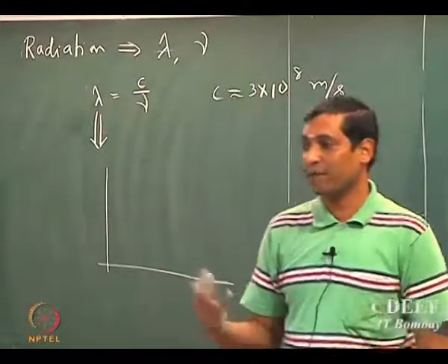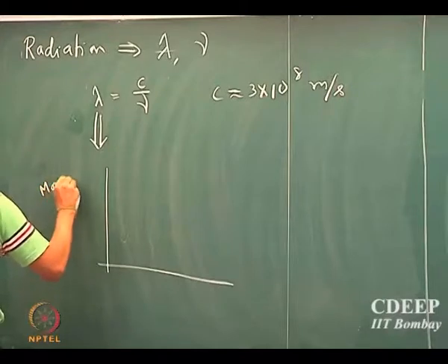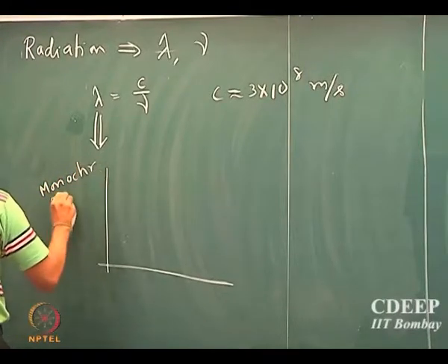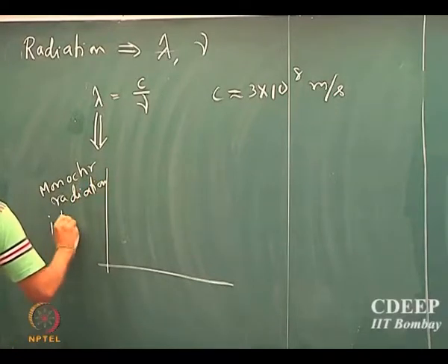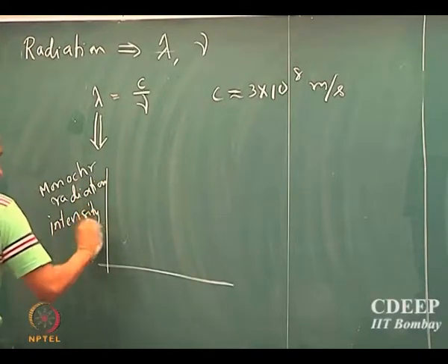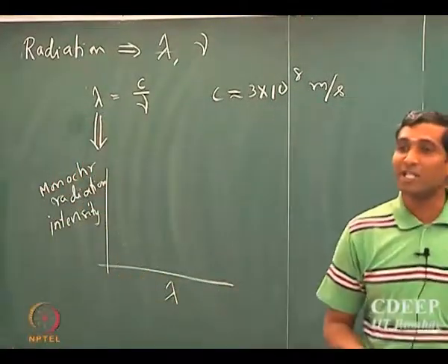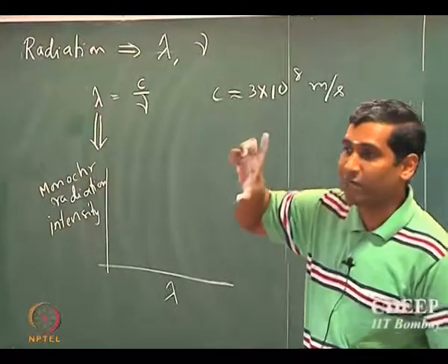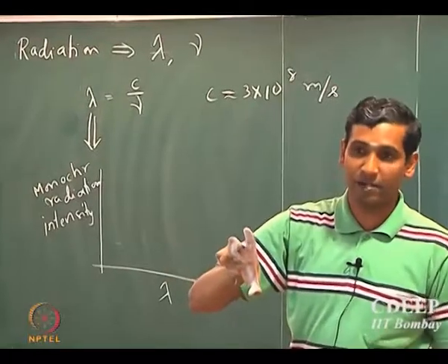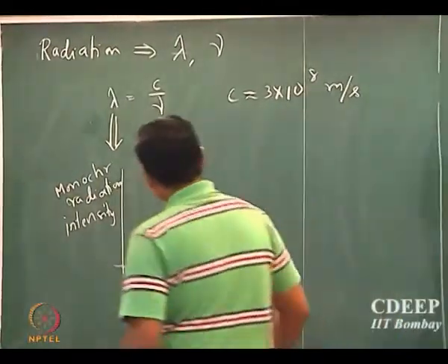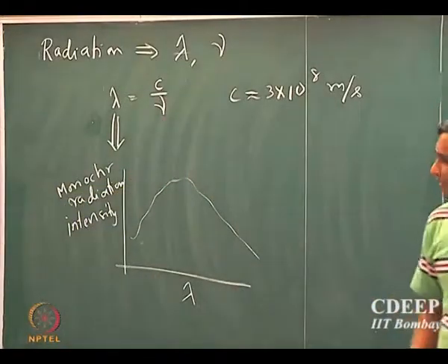So if I look at the monochromatic radiation intensity versus lambda, at a fixed wavelength, what is the intensity of the radiation emitted by a certain object in that wavelength? Then the typical profile is something like this. It doesn't matter what these numbers are, we will see that later.